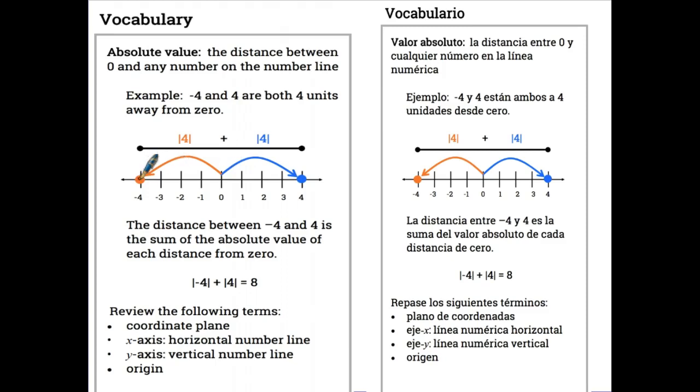The distance between -4 and 4, I have to go all the way to 0 and then continue going 4 more spaces. So the absolute value of -4 and the absolute value of 4 is 8. That represents the distance.